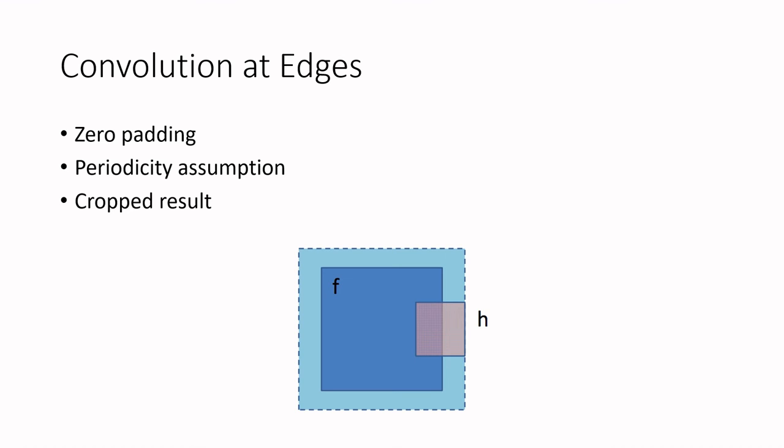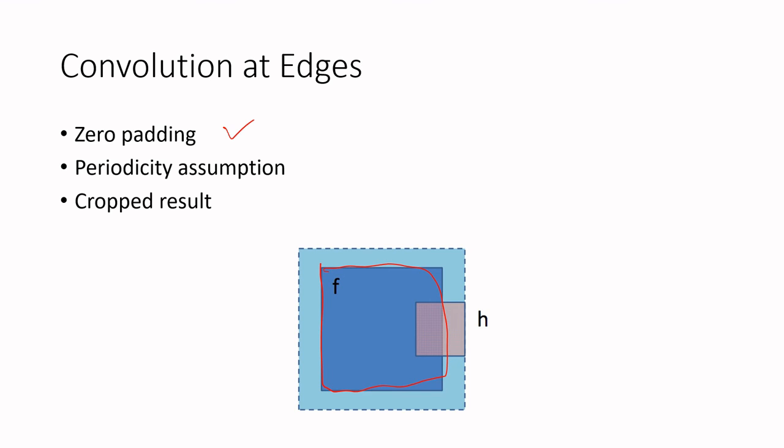For example, if this was our 8 by 8 image and I padded it with extra 2 rows, 2 columns in both top and bottom, left and right, then this becomes a 10 by 10 image, but all the padded elements have 0 values. In that case, if I apply a 3 by 3 convolution operator, the result will be an 8 by 8. So this is what we call 0 padding.